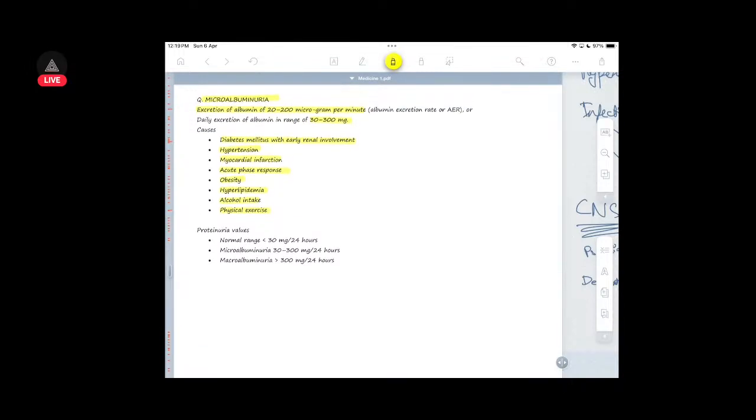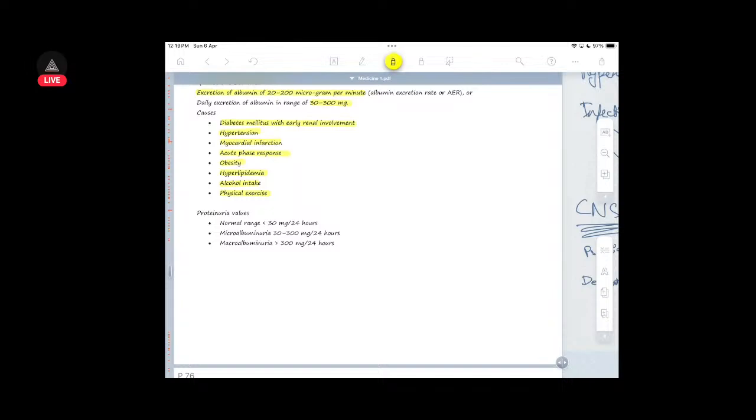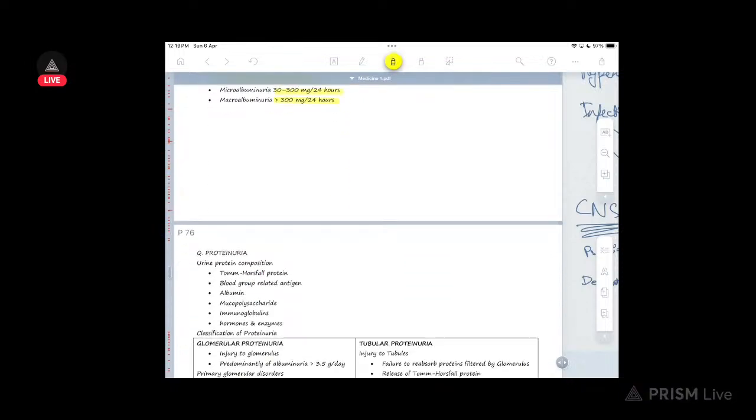Basically, some damage is there in the glomeruli leading to excretion of albumin. Proteinuria: normal is less than 30, micro is 30 to 300, and macro is more than 300.